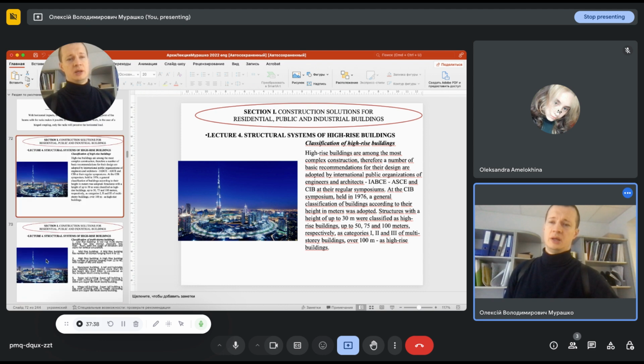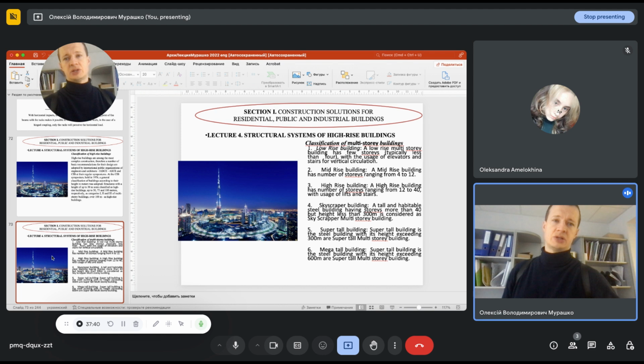But when we are talking about classification of multi-story buildings, it also has various ranges of floor amounts. For example, a low-rise building is less than 4 stories.